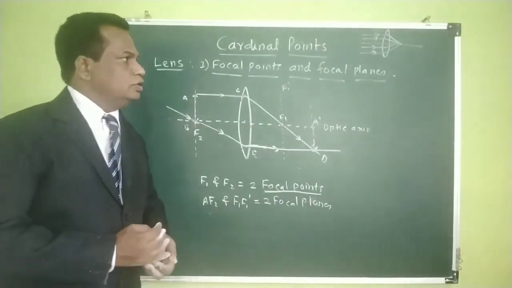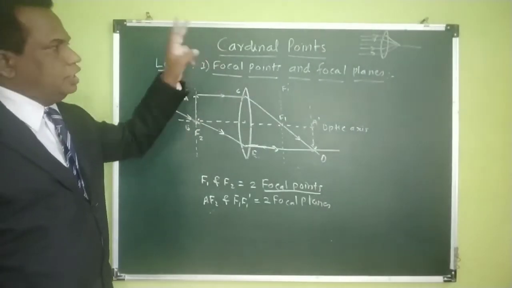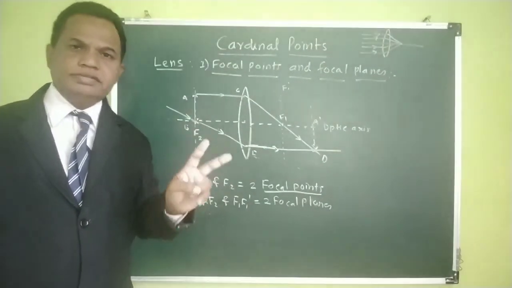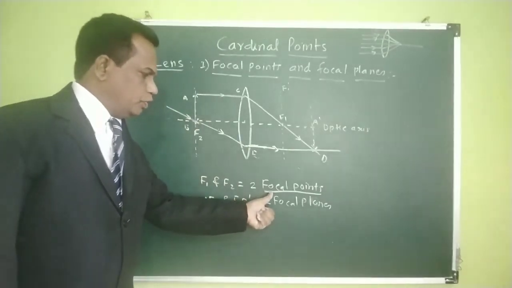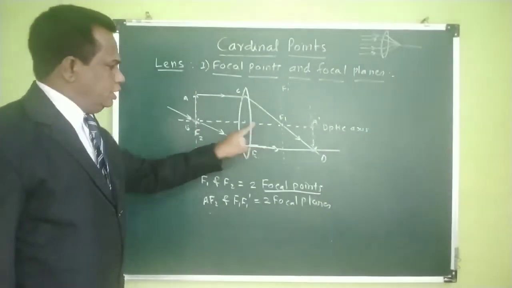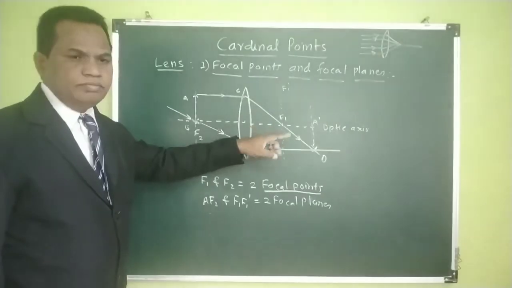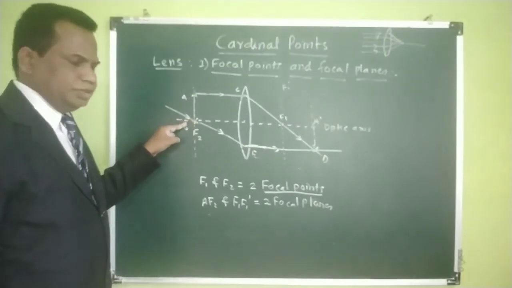So that means what we have studied, according to cardinal points, is that there are two focal points on either side of the lens, F1 and F2. A parallel ray passes through F1, a parallel ray passes through F2.